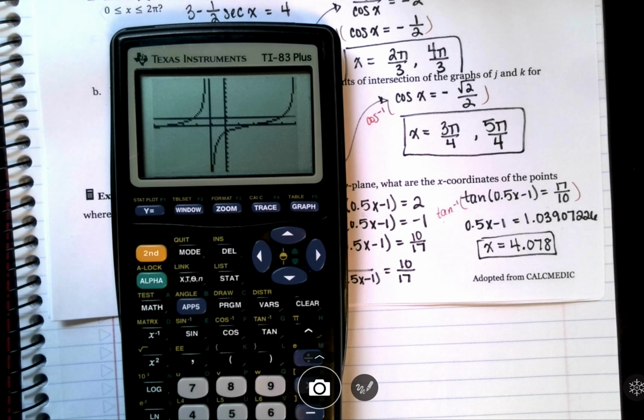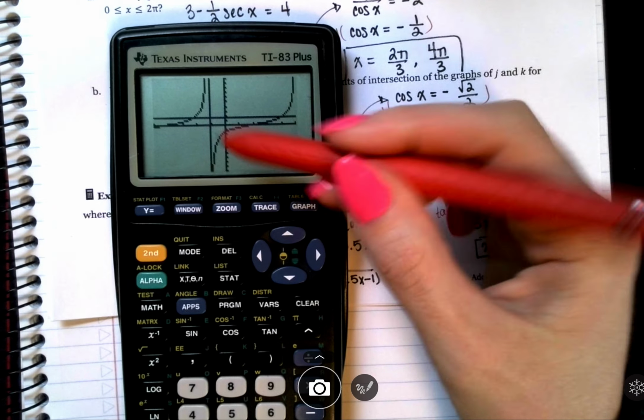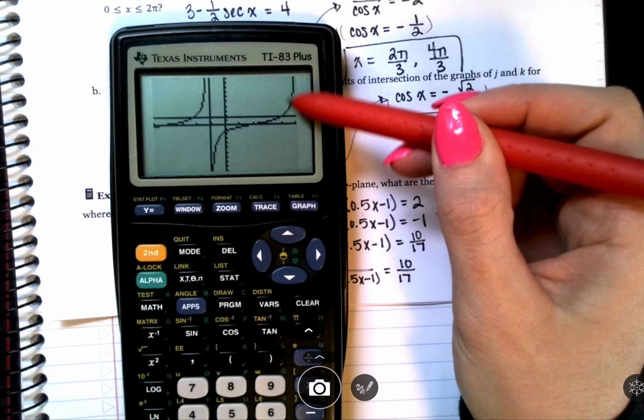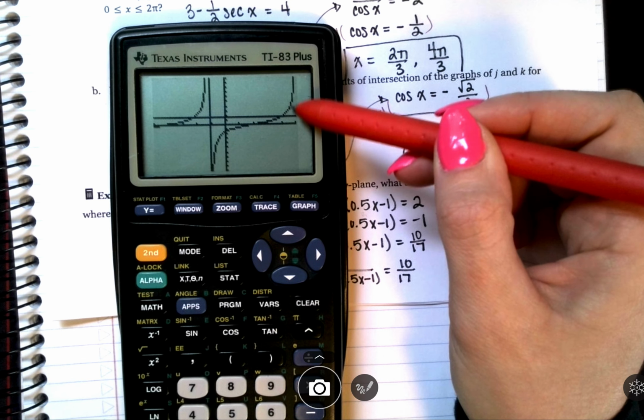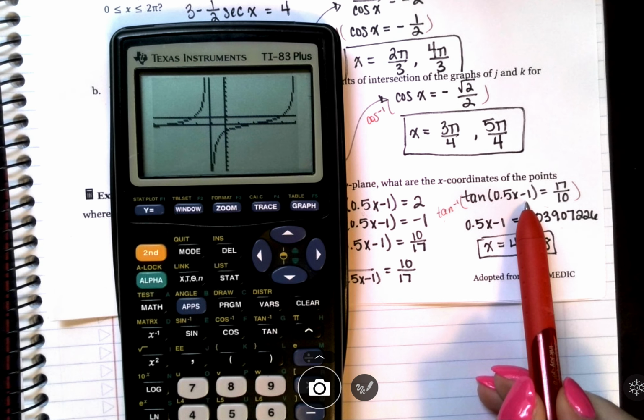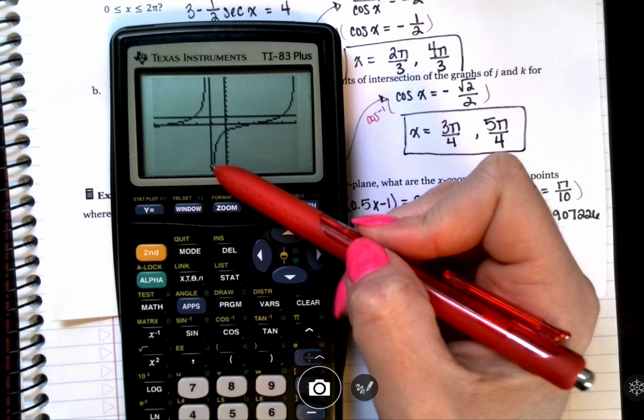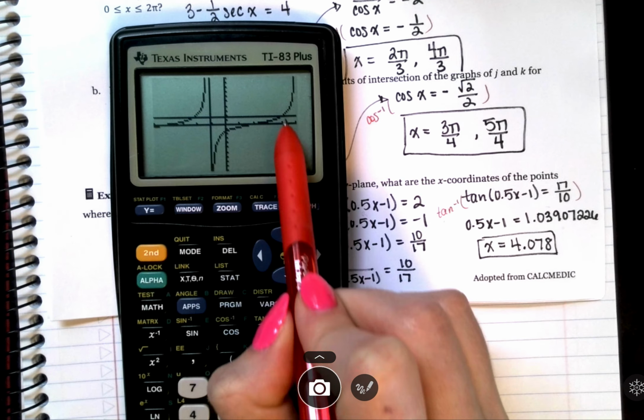So what I'm looking at is this curve right here is part of my tangent graph. This vertical line is that asymptote, and then this horizontal line is that 17 over 10. So if I'm looking for when tangent of 0.5x minus 1 equals this, I'm looking for where this tangent curve intersects that horizontal line.